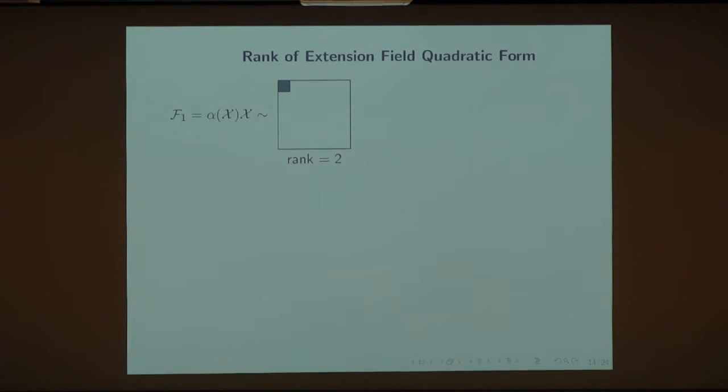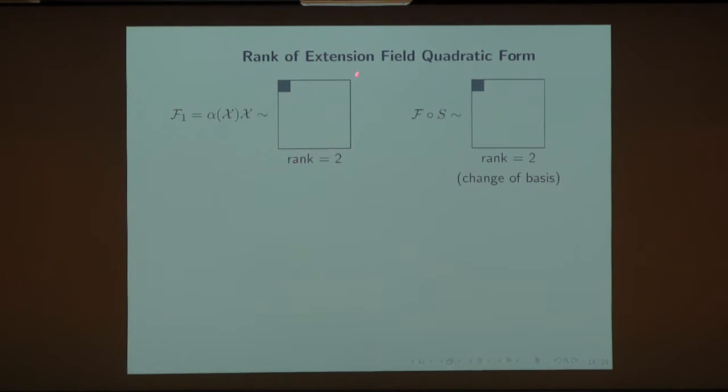So let's visualize this for a second. In the first component, we have alpha x times x. Alpha x is linear, x is linear. We multiply the two, so we have a rank 2 quadratic form. The next step is to apply the input transformation S to this matrix, and that's essentially a change of basis. So that doesn't change the rank of the quadratic form.